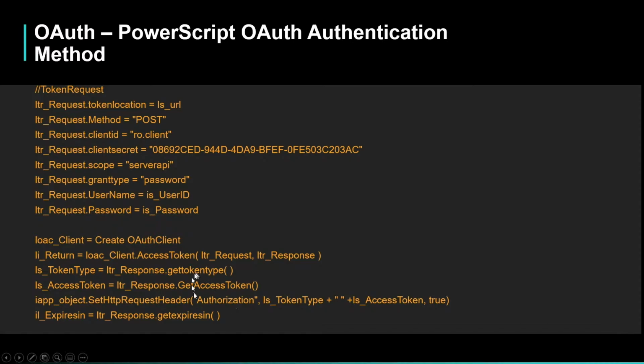With the OAuth, we can actually pull them directly off this object that was returned to us. So we get the token type, get the access key, call that same set HTTP request header on the application as we did for the JSON Web Token, and once again pull off the expiration date and store it in the instance variable. So yeah, it's all very similar code.